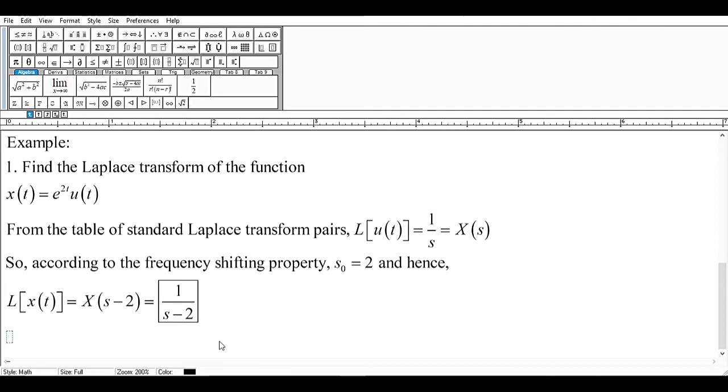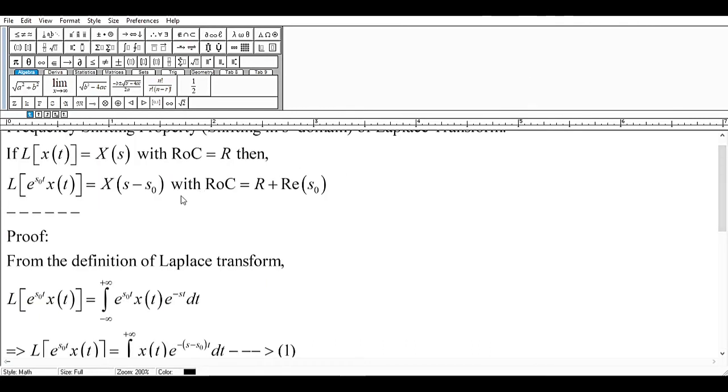Let us now see whether the rule of ROC can be verified. As I said earlier, the ROC remains the same, it merely suffers a shift equal to real of s0.